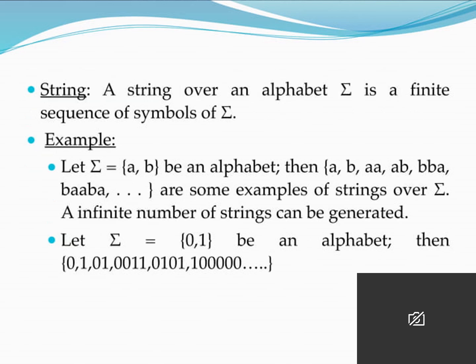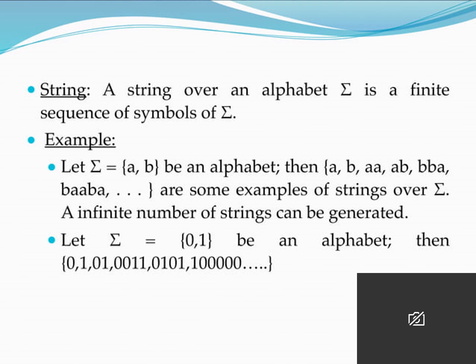The second one is a string. Strings are nothing but, we are talking about the alphabets, all the finite sequences of symbols come under strings. Finite sequence means a collection of the alphabets is known as a string. For example, here A separately is also called a string, or together with B, combinations or a mixture of any other alphabets, they are known as strings.